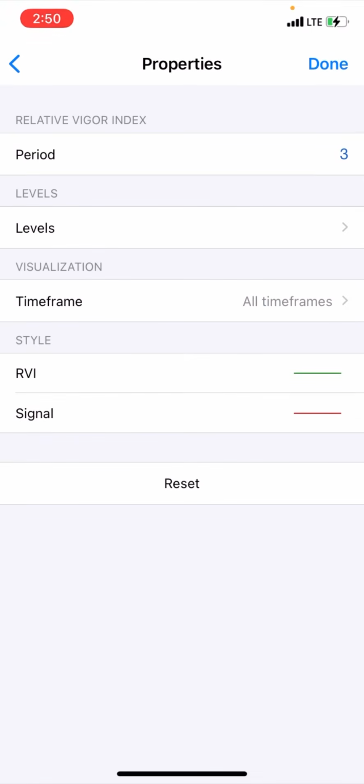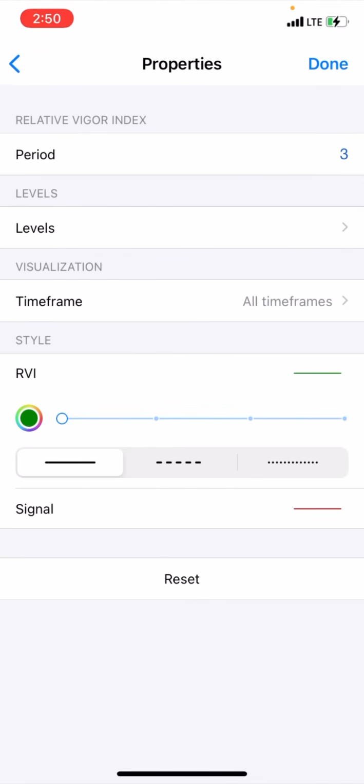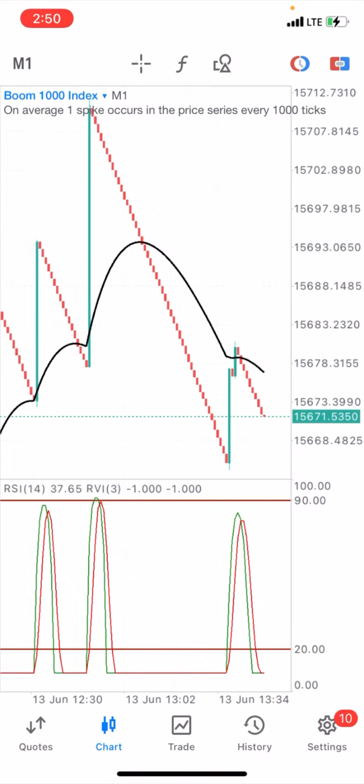And signal, make it red. All of this should be on the first level. The pixel, I mean, should be on the first level so that they are not too bold on your indicator window. You have that set up. You click done, and your chart would be just as fine as mine right now. Okay, you have a chart like this, and we are good to go.